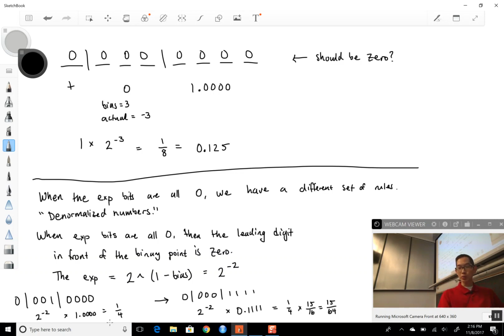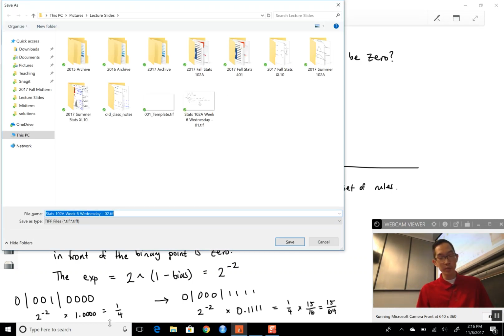So when you switch to 0, 0, 0, basically the exponent is the same as having 0, 0, 1, except the rule shift now is we are dealing with denormalized numbers, so that the leading digit is no longer a 1 in front of the binary point, but it's now a 0. Is that okay?